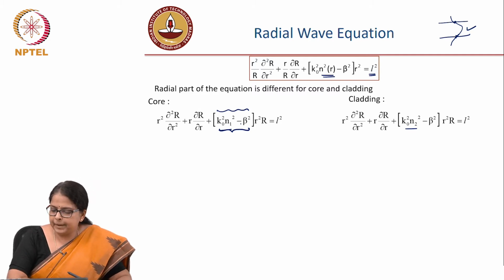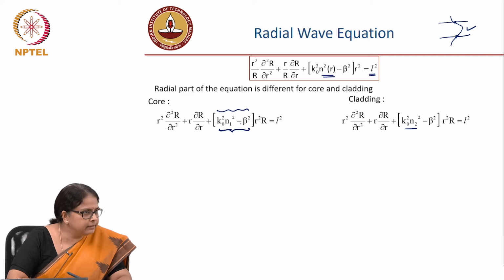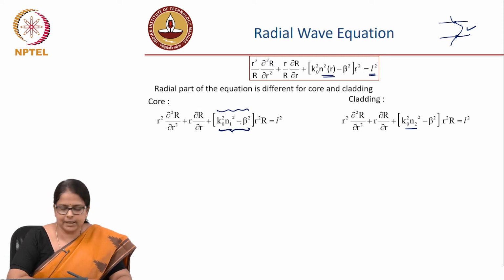But if this number is negative, so you can immediately say that this beta square must be less than k naught square n1 square, but at the same time it should be greater than k naught square n2 square. So that here it becomes decaying and here it becomes oscillatory, or you get a surviving solution here.